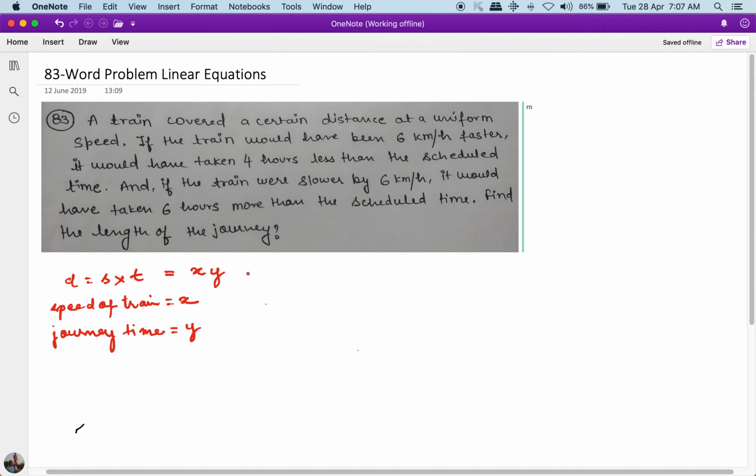Okay, let me draw this here. Condition 1 says if the train would have been 6 kilometers faster, so x plus 6, multiplied with, the train would have taken 4 hours lesser, which is y minus 4. This distance is equal to xy because at no point did the distance traveled by the train change.